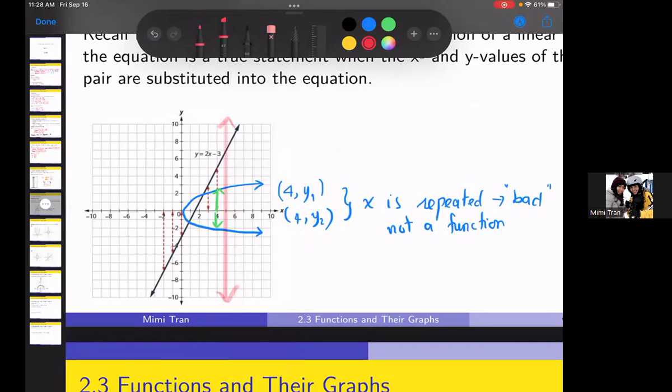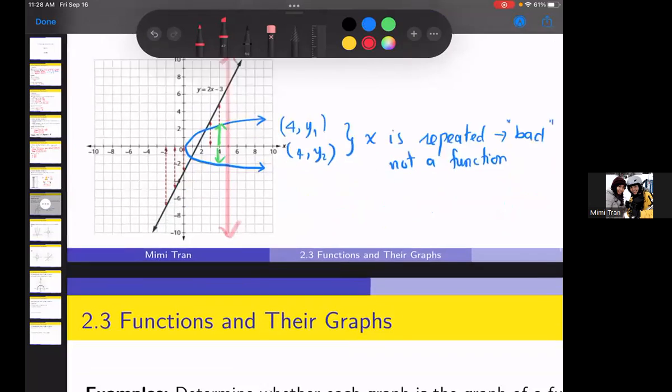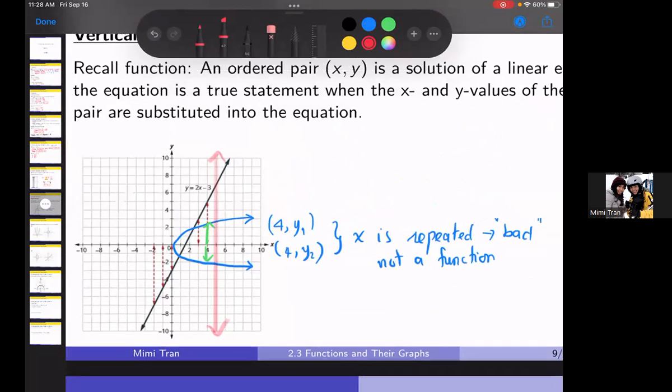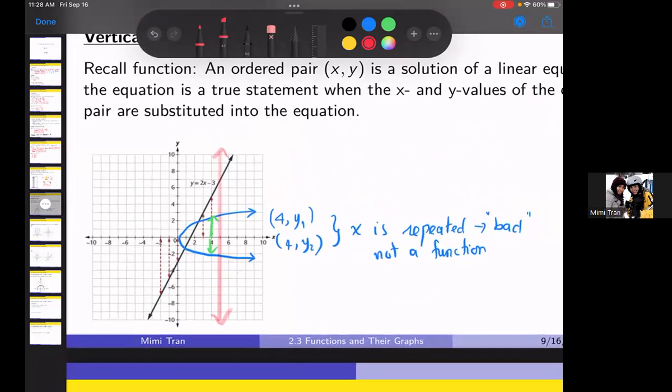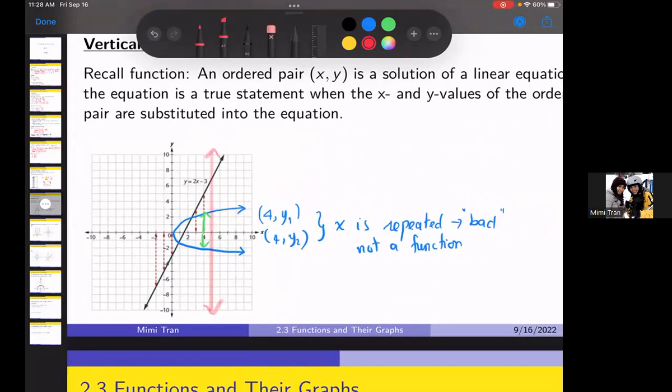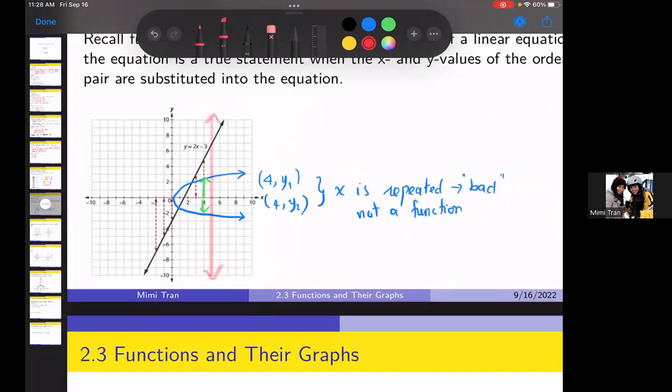It's 1. How many times does it cut the blue one? Twice, right? So if a relation is a function, the vertical line is only allowed to cut it at most once. More than one will be not a function.